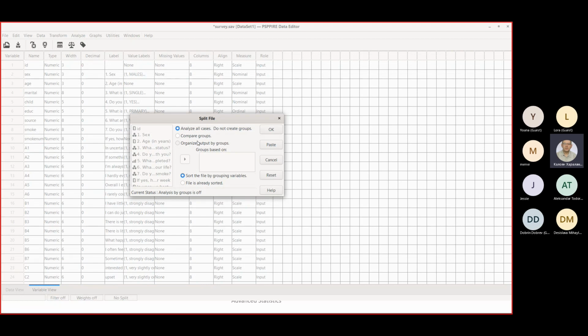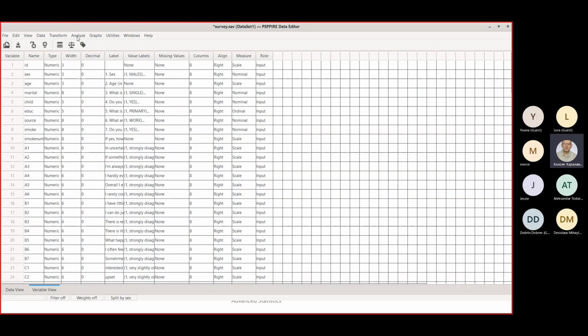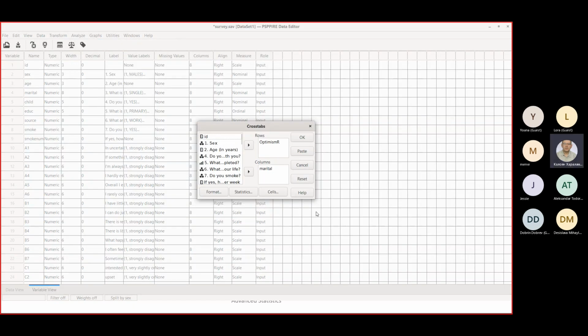Here I can choose compare groups or organize output by groups. It doesn't matter which option. Then I move sex here, groups based on sex. After that, I will repeat the basic analysis, descriptive statistics, crosstabs, and only press OK.